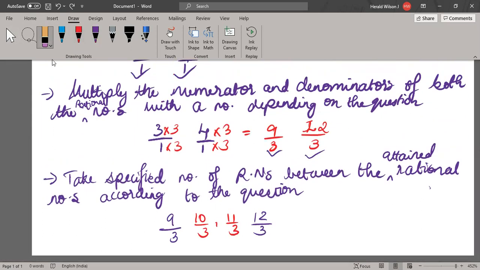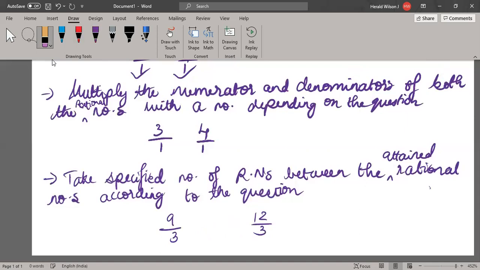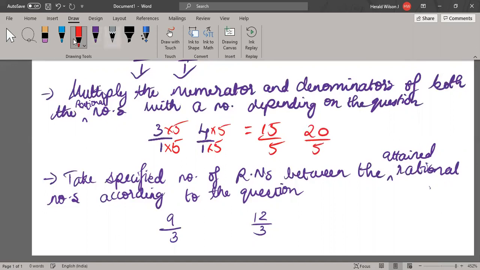So now I'm just going to redo this part for you. Okay. So now I'm going to take a greater number. Let's say 5. 5 into 5 into 5. So this will be what? 15 by 5 and 20 by 5. So now yes, I can take 3 between these.